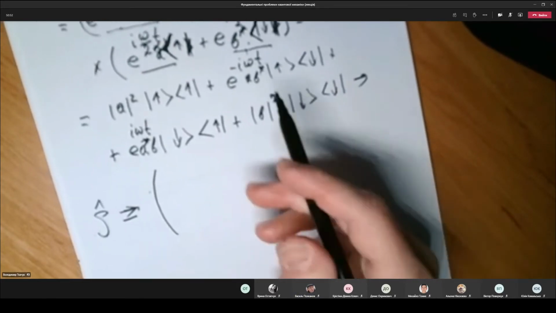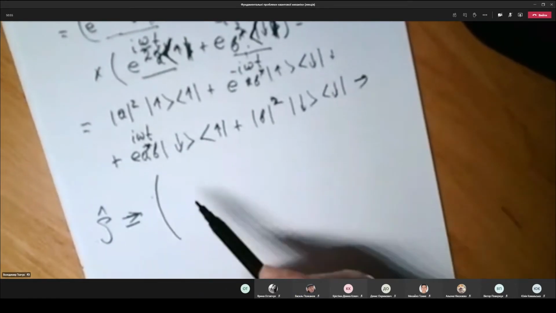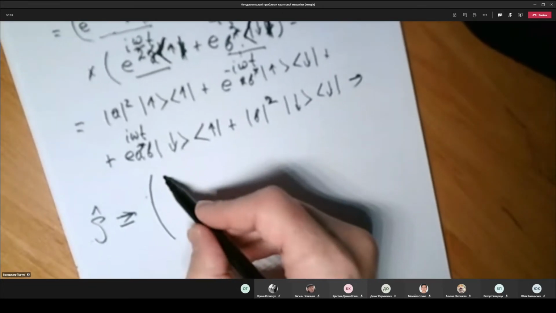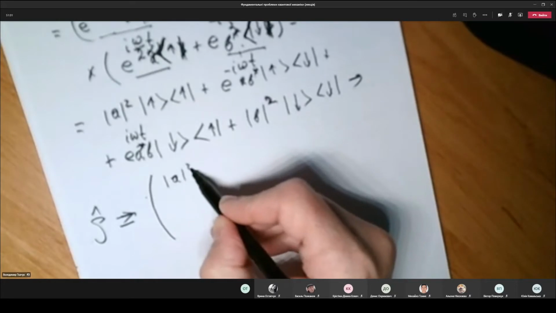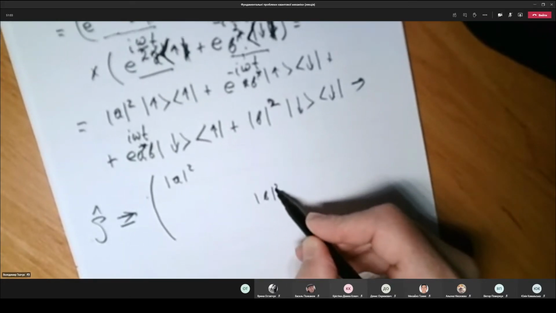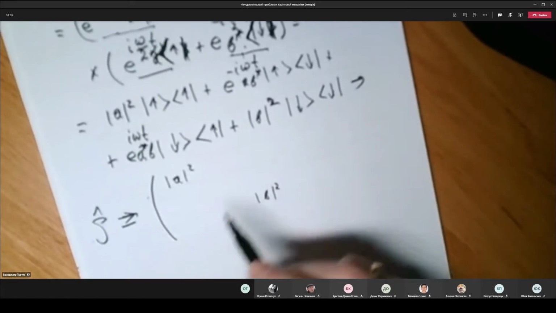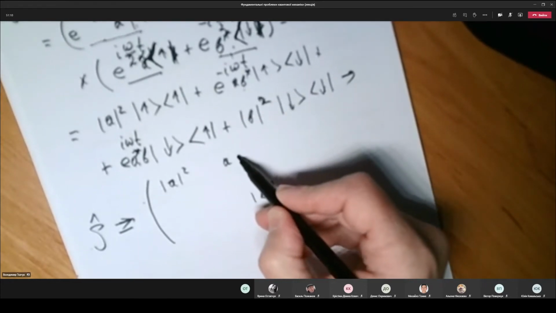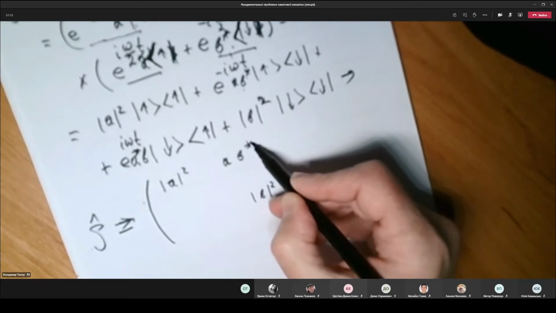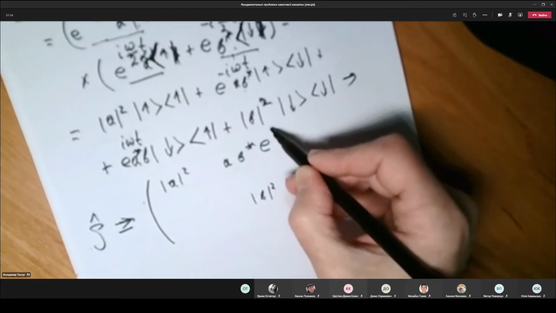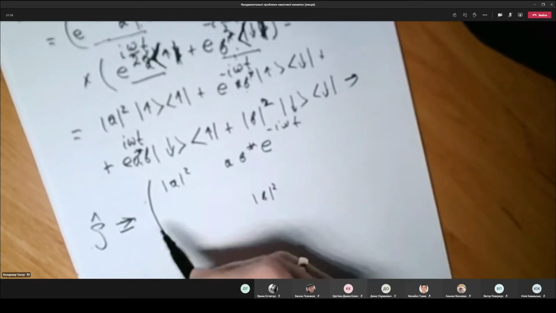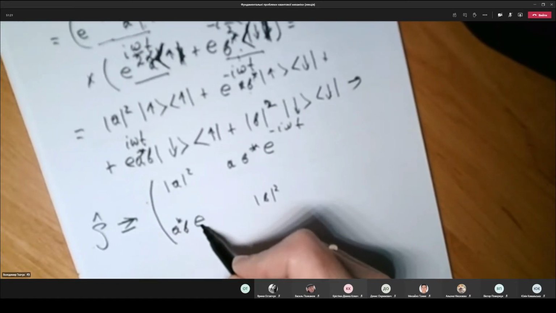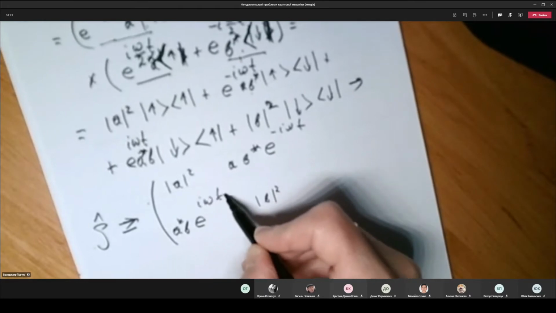Okay, so let us write this operator in matrix form. It's a simple task to write this matrix. So the diagonal elements are the absolute value of A squared and the absolute value of B squared, and here we have A B conjugated, exponent minus I omega t, and here A conjugated B, exponent I omega t.